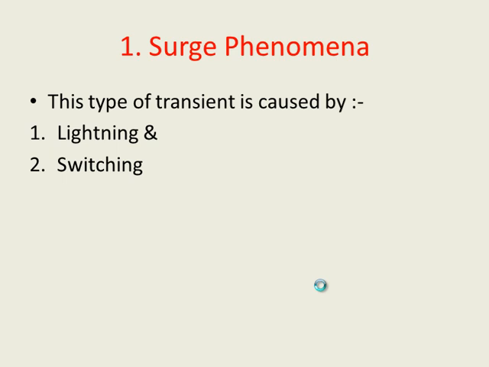Now, as these waves travel along the line, the reflection at the open line or at transformers, which present high inductance, leads to a multiplicative effect on voltage build up, which may eventually damage the insulation with consequent short circuit.